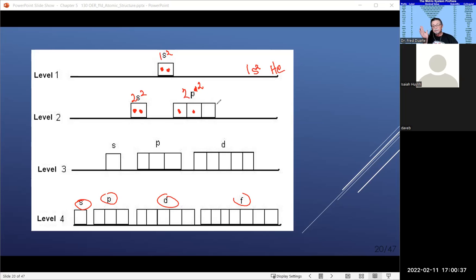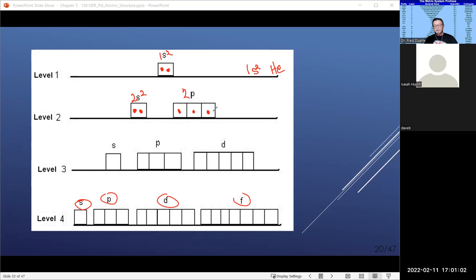Let's go to the next one. That is nitrogen. Nitrogen is in group, excuse me, 5A. 5A tells you I've got 5 valence electrons. Do I not have 5 valence electrons here in the second shell? I've got 2 in the s and 3 in the p.